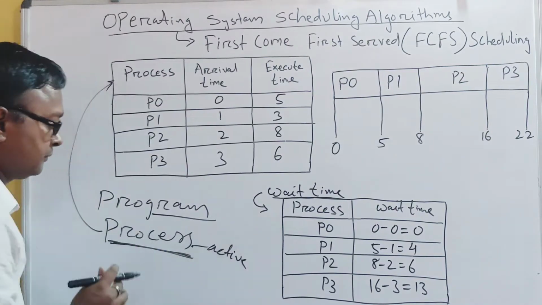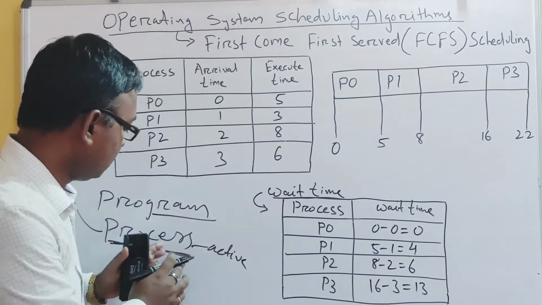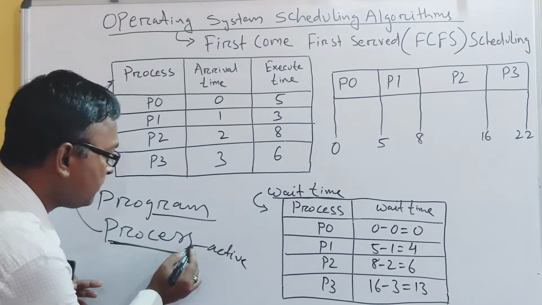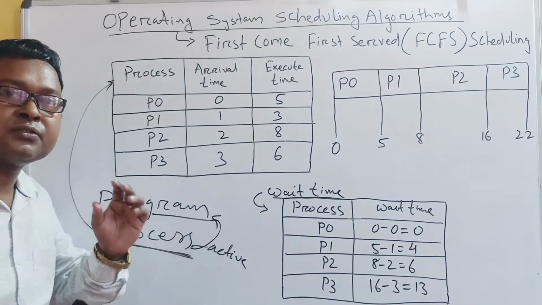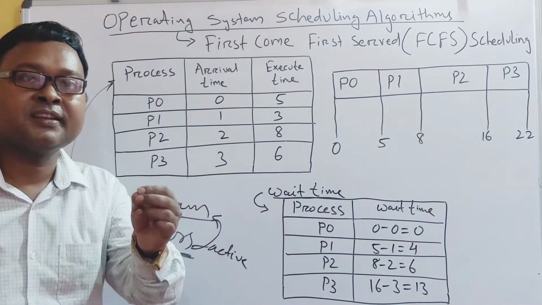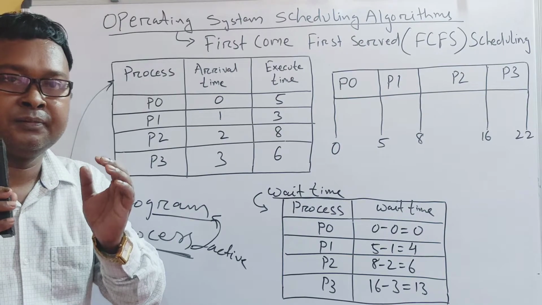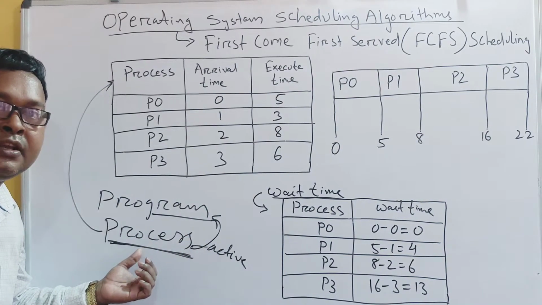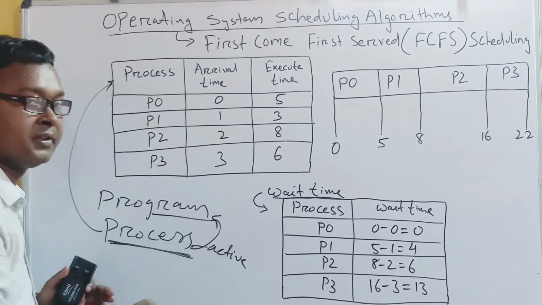Now, the process is a small chunk of the same program. So why is it divided into small chunks? Your operating system tries to manage, maintain and control all the programs that have come to the primary memory. So how does the operating system do it?